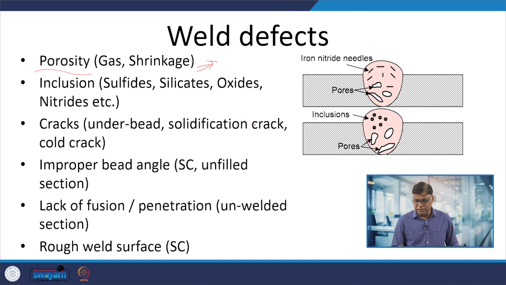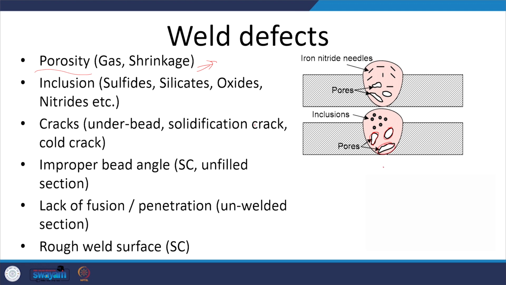Porosity may be in the form of spherical pores, which indicate that these are gaseous defects. When it is dendritic in morphology, it is termed shrinkage porosity, which is particularly observed due to rapid cooling.